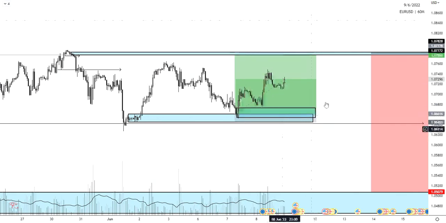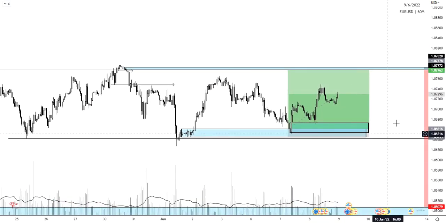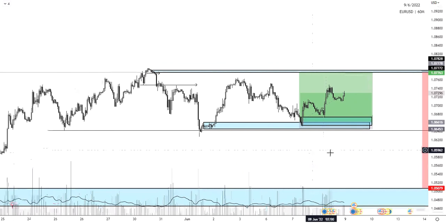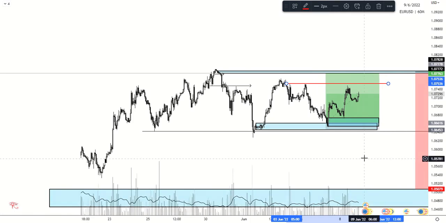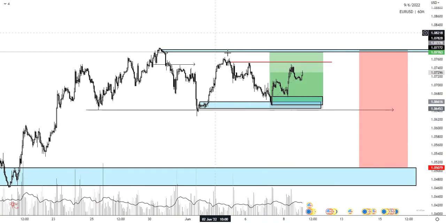We can see how we're continuing to respect demand, create higher lows, higher highs, but at the same time, I'm still looking at the overall picture. I'm noticing that we're starting to create equal highs right before an unmitigated zone of supply within a swing bearish structure.